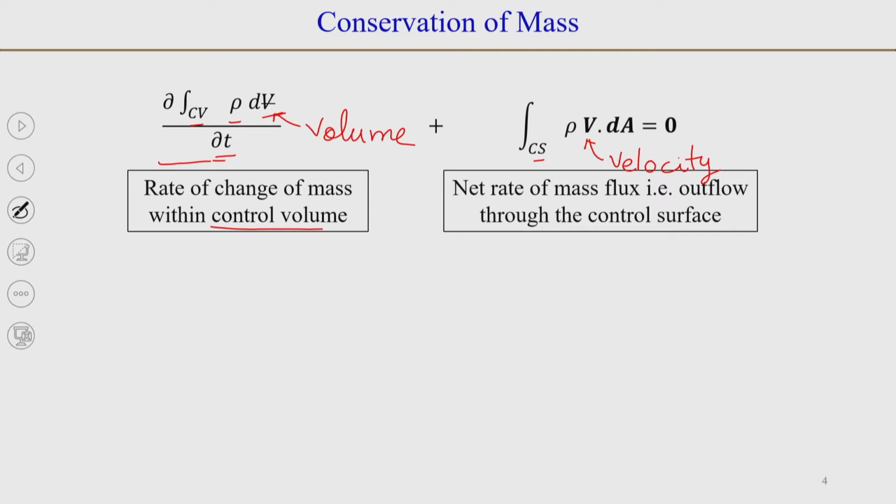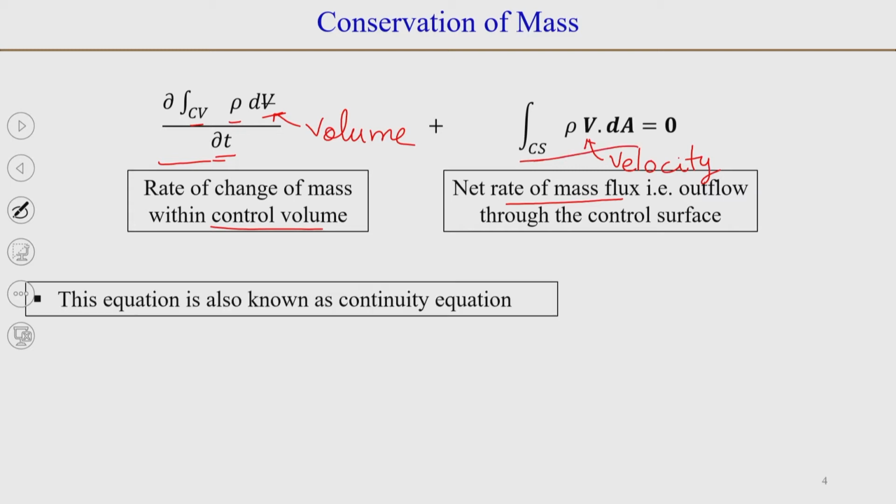And the second term gives us the net rate of mass flux or outflow through the control volume. Okay, so, the net rate of mass outflow, that is what we call the mass flow that is going out of the control volume, is given by this term.